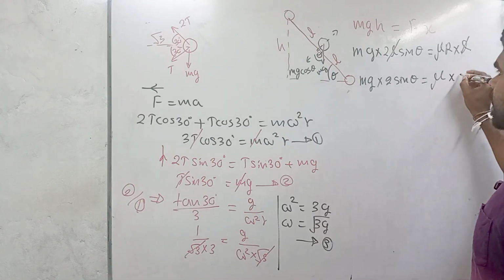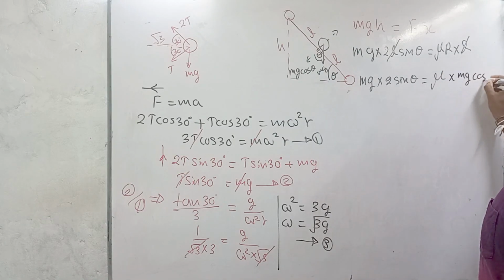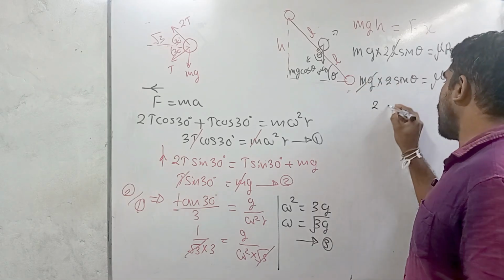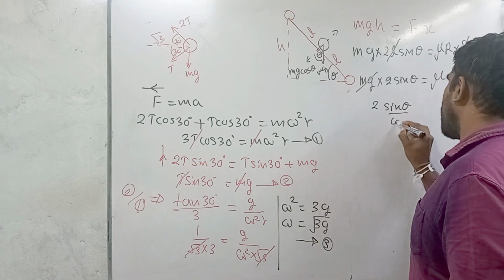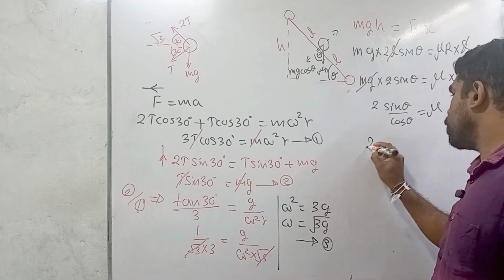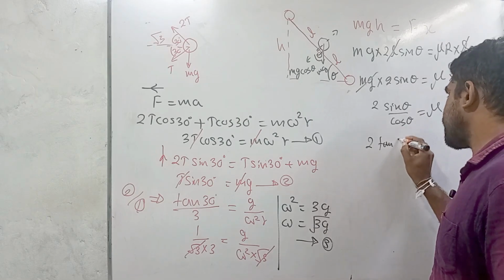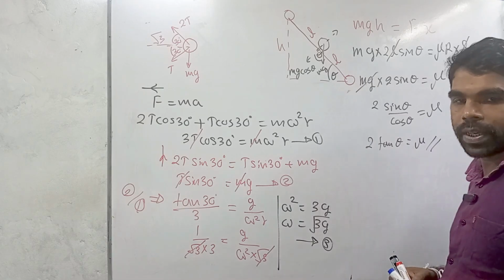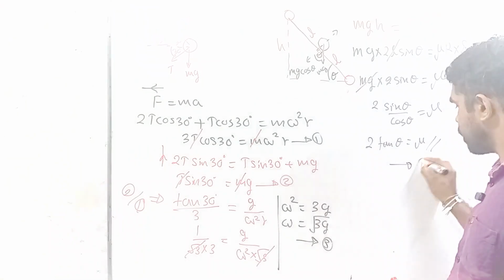Then we can use it, mg cos theta. mg is cancelling. 2 sin theta divided by cos theta is mu, frictional coefficient. 2 sin theta divided by cos theta is 2 tan theta. It is mu. Then we can obtain correct answer is the first one.